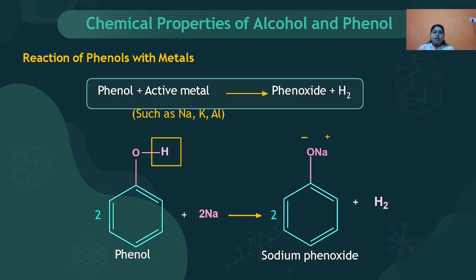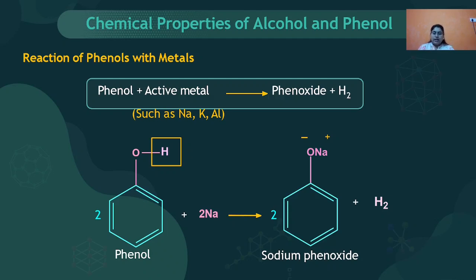When phenol is treated with active metals like sodium, potassium and aluminium, it forms phenoxide and liberates hydrogen as a byproduct. When we discussed the reaction of alcohols with metals, the products formed were alkoxide and hydrogen. But in the reaction of phenols with metal, it forms phenoxide and hydrogen gas is liberated as a product.